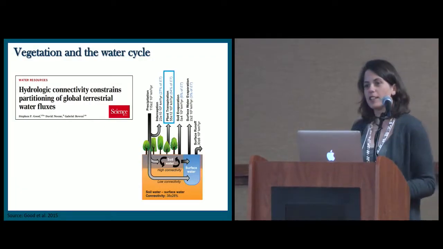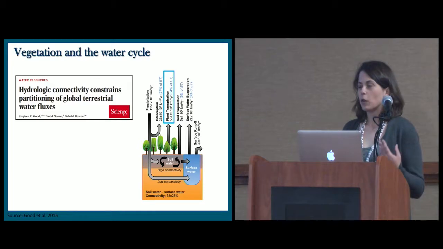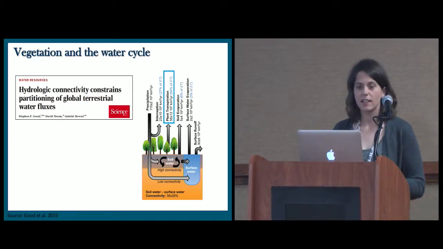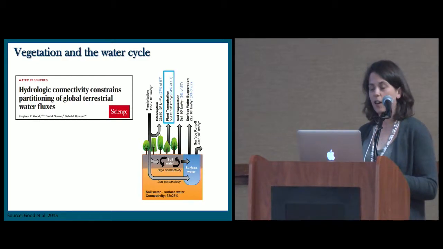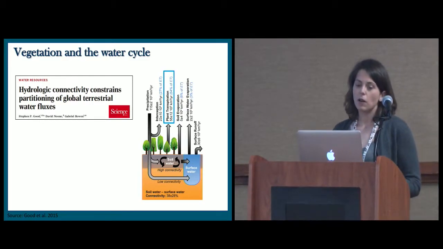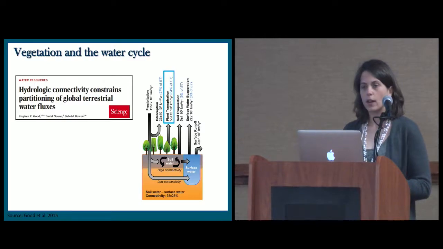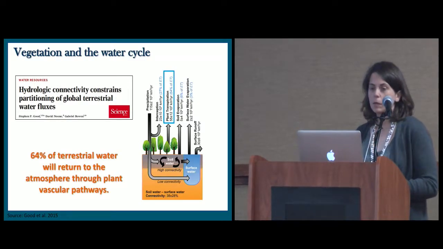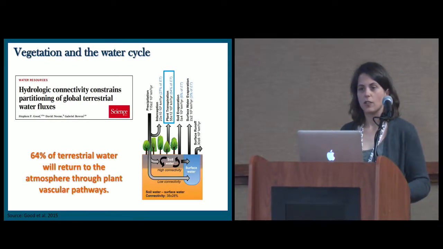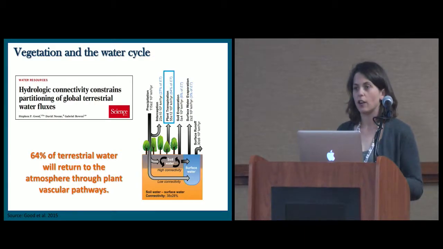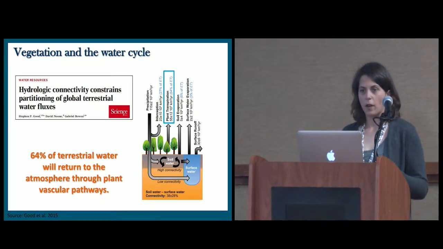So I'm a hydrologist, so I care a lot about the role of vegetation in the water cycle. So there have been studies done to try to partition out different water fluxes. And what we find is that if you look at terrestrial water, over 60% of the water on the land surface is going to return to the atmosphere through these plant vascular pathways.